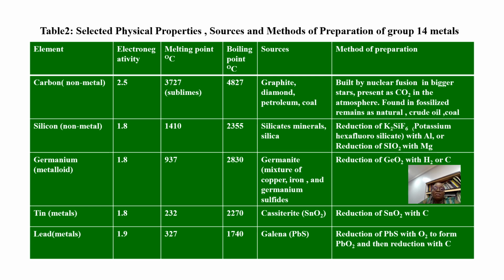Silicon can be obtained by the reduction of potassium hexafluorosilicate with aluminium, or reduction of silicon dioxide with magnesium, while germanium can be obtained from the reduction of germanium dioxide with hydrogen or carbon. Tin can be gotten from the reduction of tin dioxide with carbon, and lead by the reduction of lead sulfide with oxygen to form lead dioxide, and then reduction with carbon.